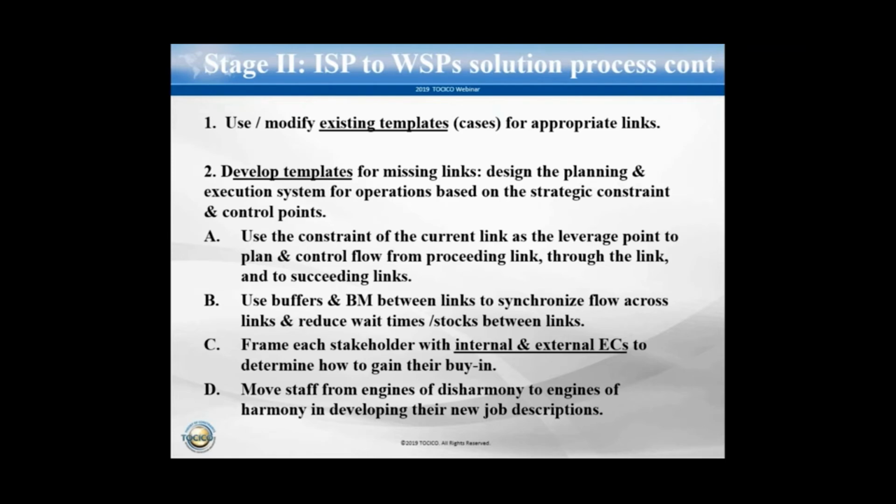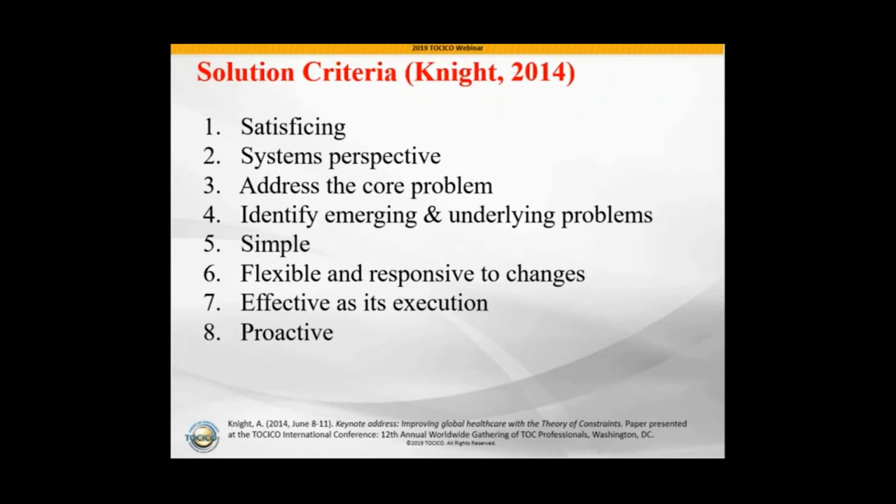I won't go through those points of developing a new solution. You're aware of that. Knight also provided some good criteria for seeing whether you had a good solution or not. I list these here because I think they're a fairly comprehensive set that can be applied to any process that you design.